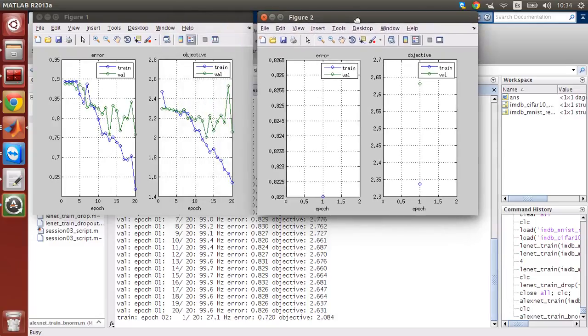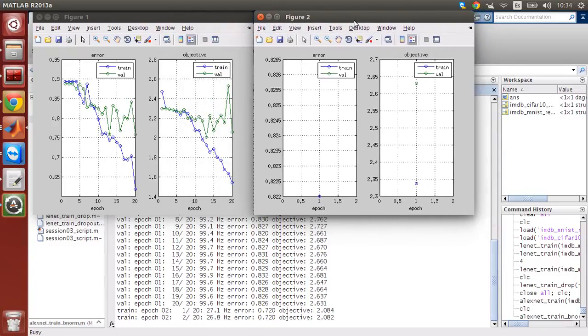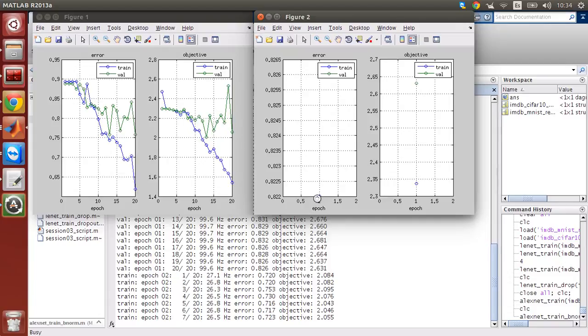And for the first epoch, our train error is already much lower than it was in the original net: 82% of error against almost 90% of error.